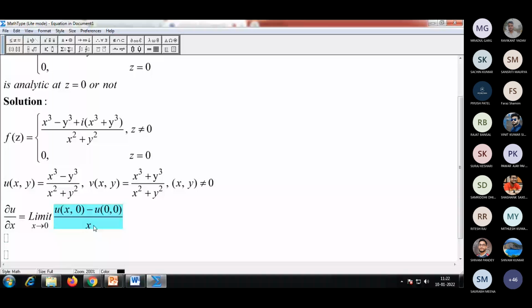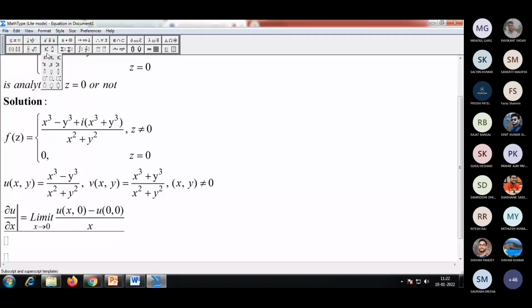But x, y are the points, so we are evaluating this del u by del x where? At origin. It means we are evaluating del u by del x at the point (0,0).